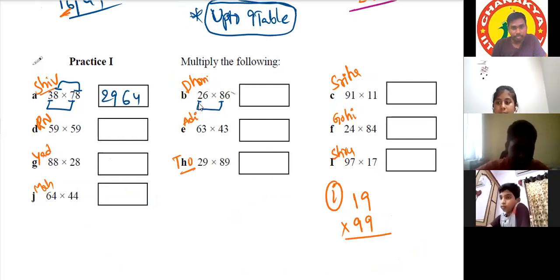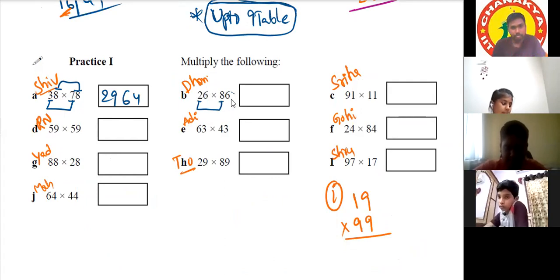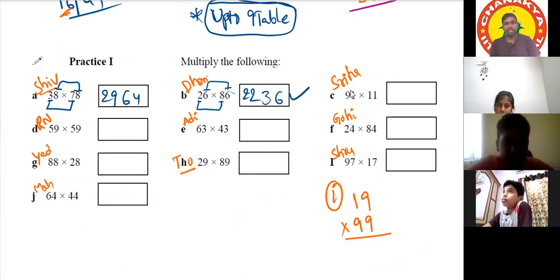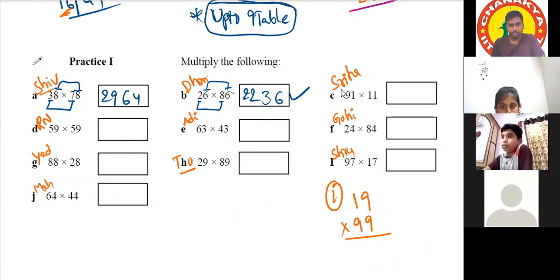Now we multiply 2 into 8, so we get 16. Then we add 16 with 6. 22 we will get. So it is 22, and 6 into 6 is 36. Very good, 2236. Then Sri Harsha, carry on.